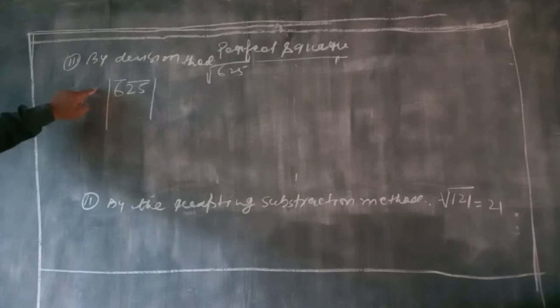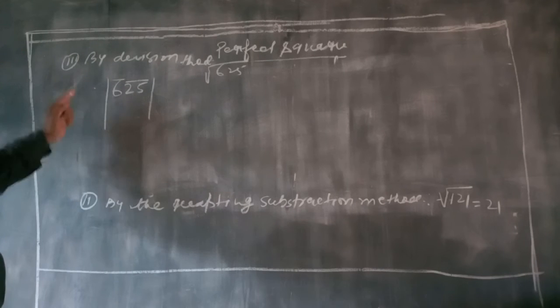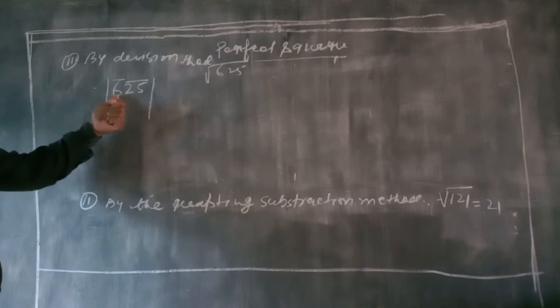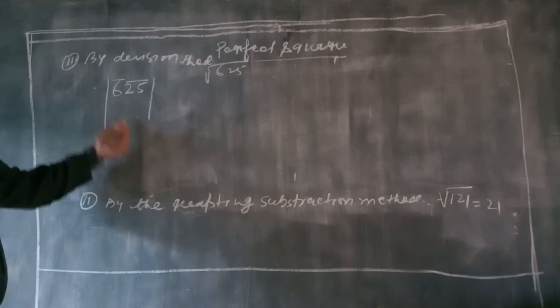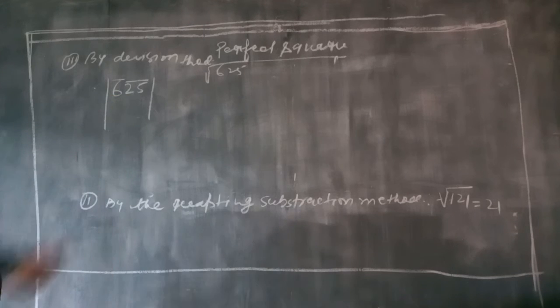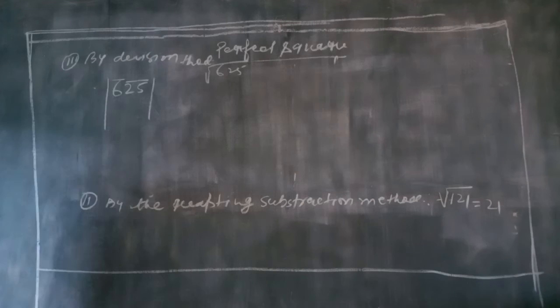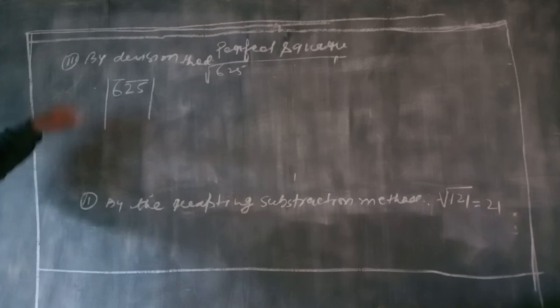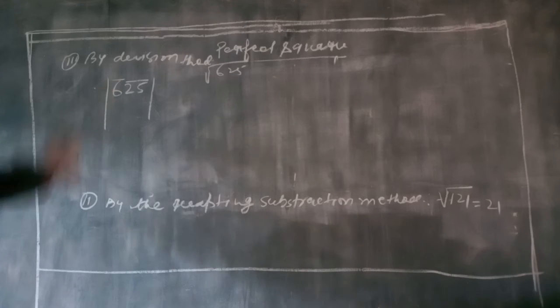You choose a number that, multiplied by itself, gives 6 or less than 6. Try 2: 2 multiplied by 2 is 4. Yes, right?